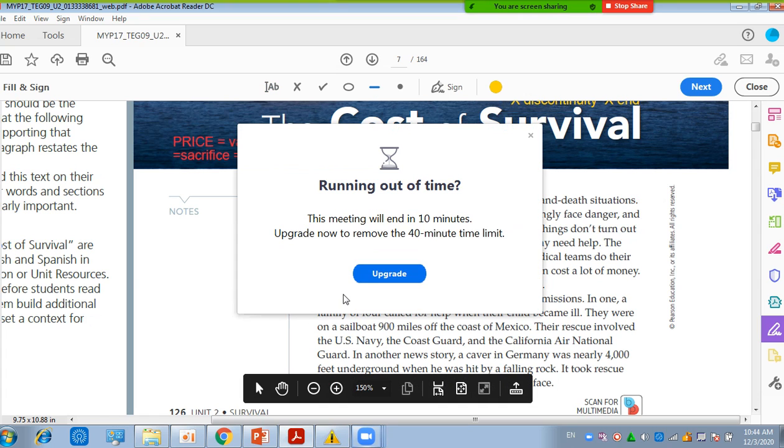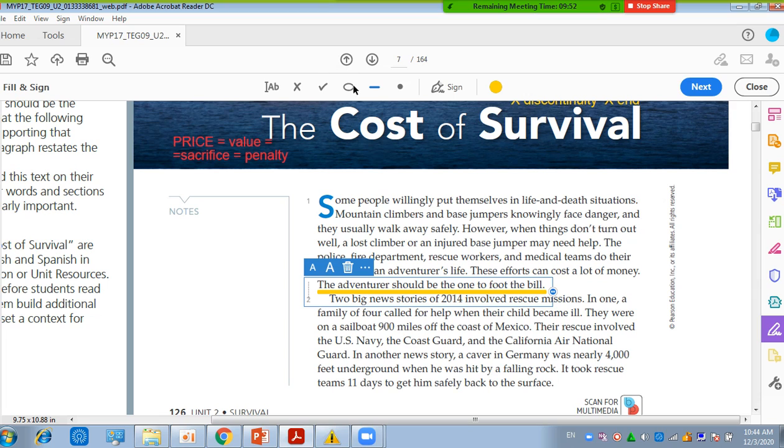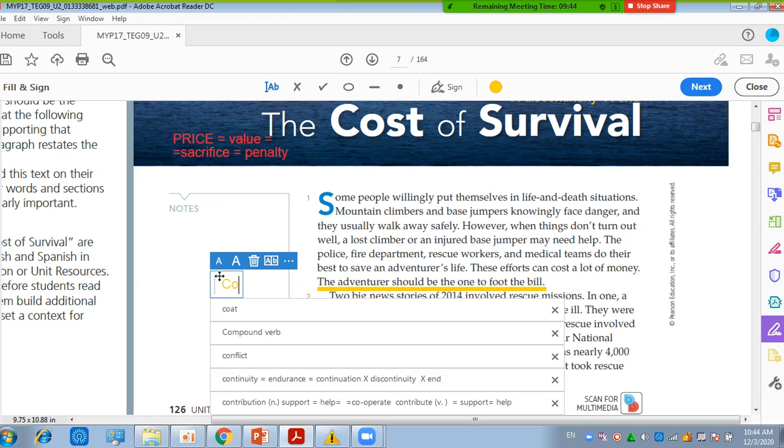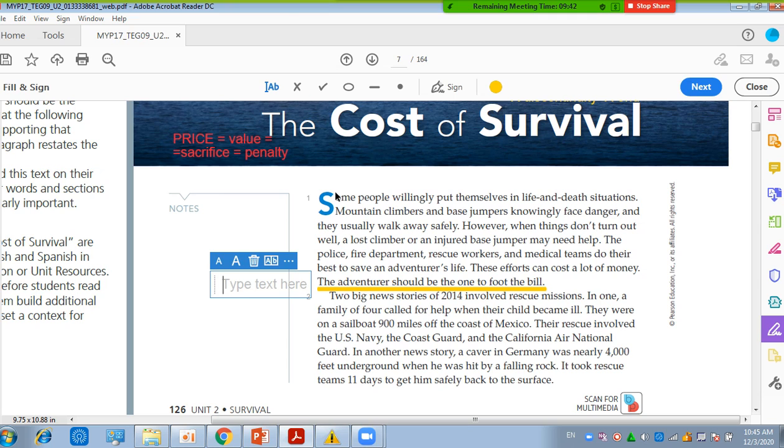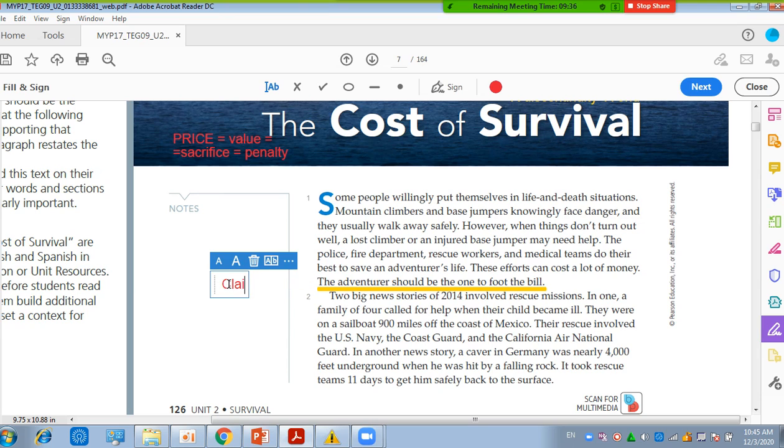If we just underline this one, we can say that this is the main claim that the author wants to argue about: that the adventurers who put themselves in a risky situation should be the ones to pay the bill.